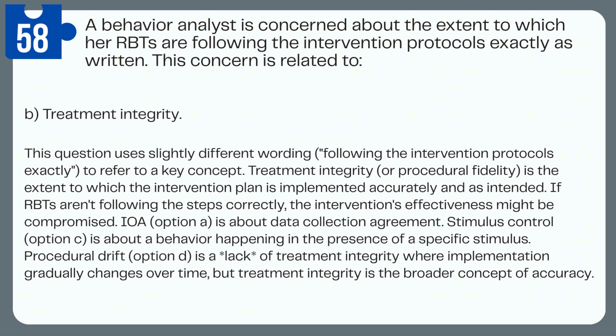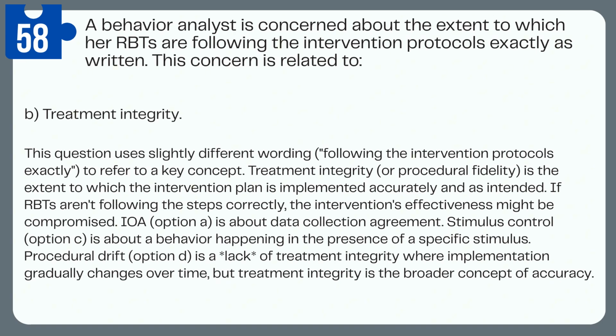Answer: B. Treatment integrity. This question uses slightly different wording, following the intervention protocols exactly, to refer to a key concept. Treatment integrity, or procedural fidelity, is the extent to which the intervention plan is implemented accurately and as intended. If RBTs aren't following the steps correctly, the intervention's effectiveness might be compromised.